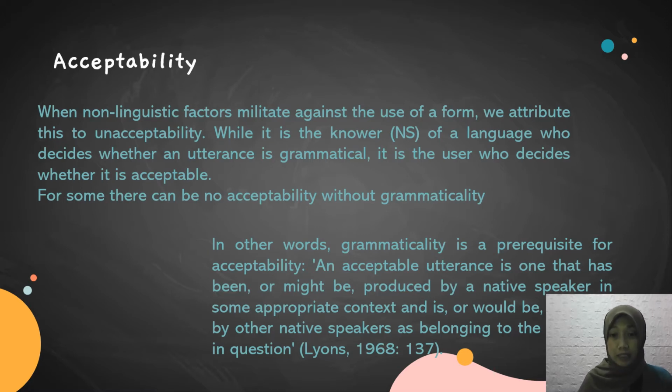In other words, grammaticality is a prerequisite for acceptability. An acceptable utterance is one that has been or might be produced by a native speaker in some appropriate context and is or would be accepted by other native speakers as belonging to the language in question.